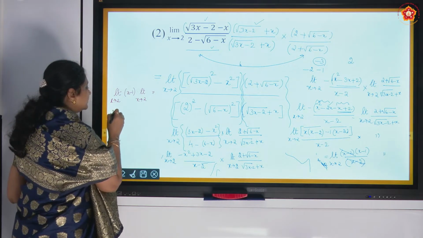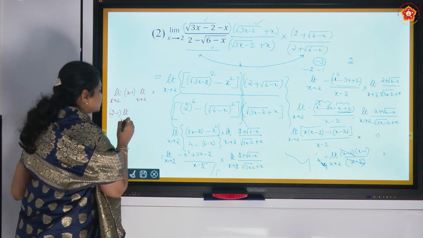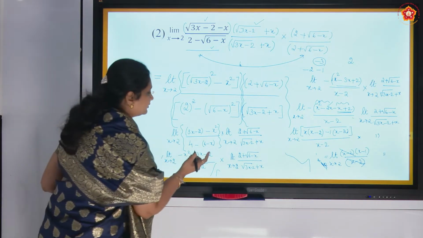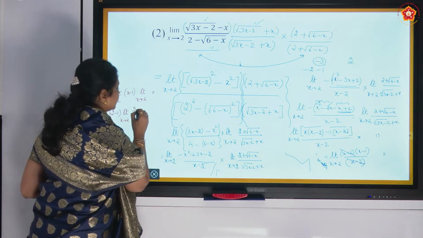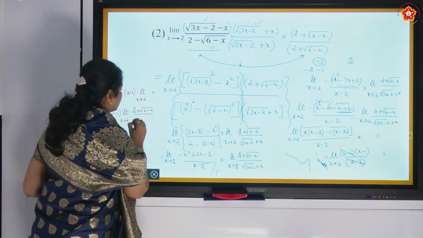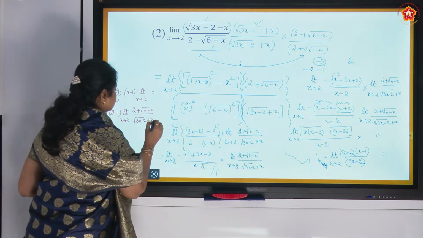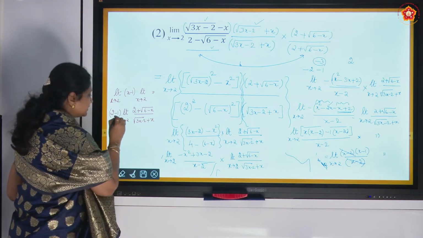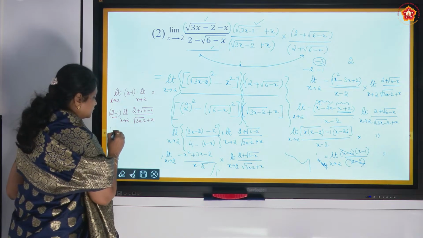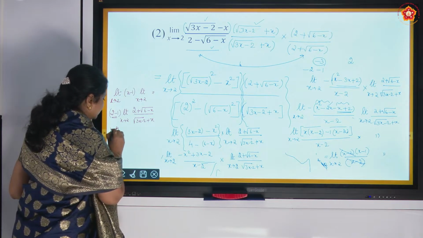I have 2 minus 1 into, now I'll write this, limit x tending to 2. What's the second part of the function that's there? 2 plus root of 6 minus x by root of 3x minus 2 plus x. So when I substitute 2 here, now 2 minus 1 is 1 into this one also, let me substitute the limit. So I have, let me write it again.